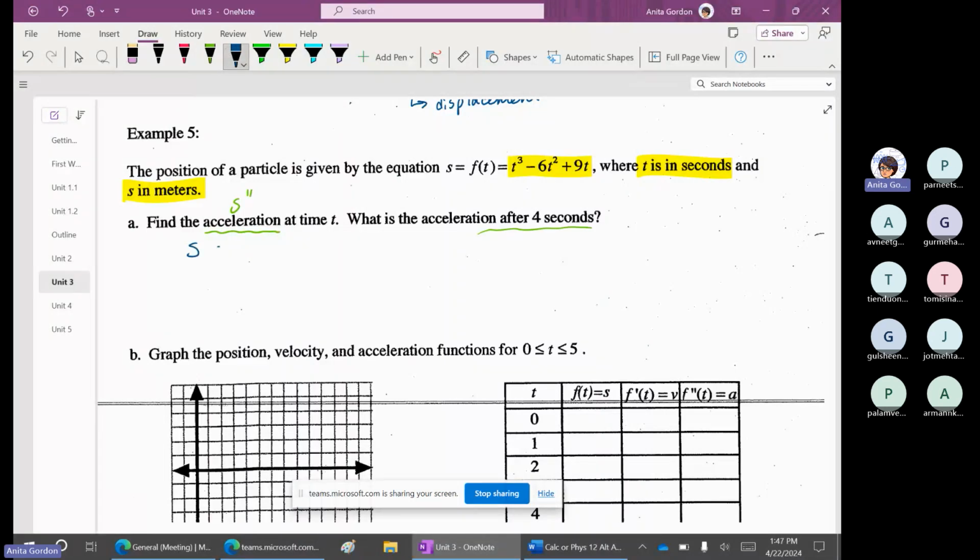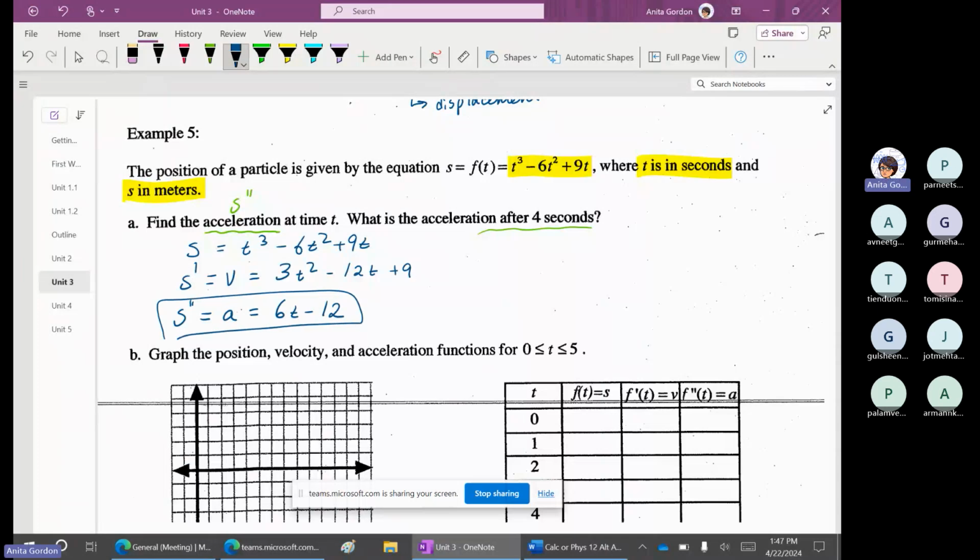So if s is t cubed minus 6t squared plus 9t, then s prime is the same as velocity. This is going to be 3t squared minus 12t plus 9. And therefore, S double prime, which represents acceleration, will be 6t minus 12.